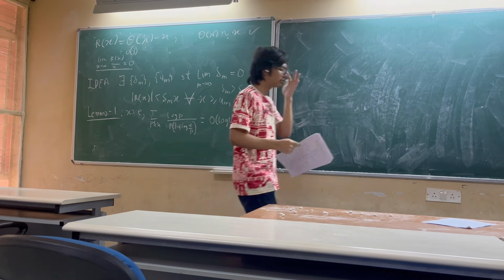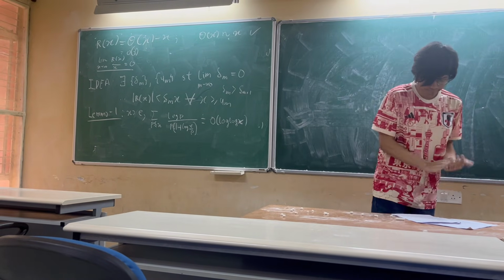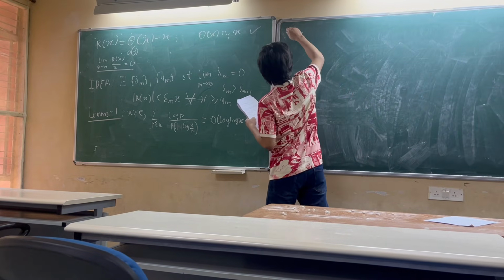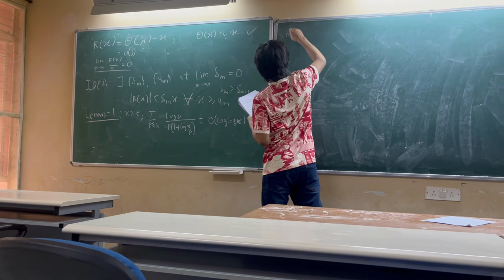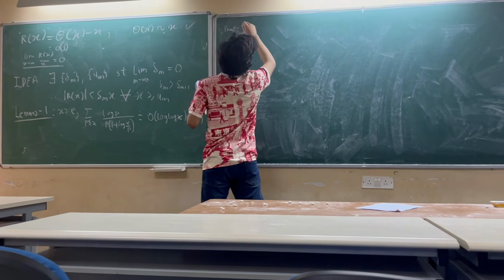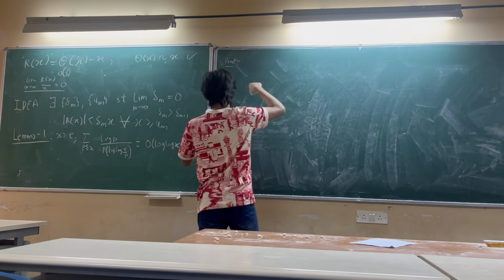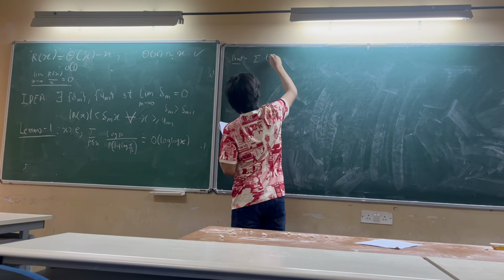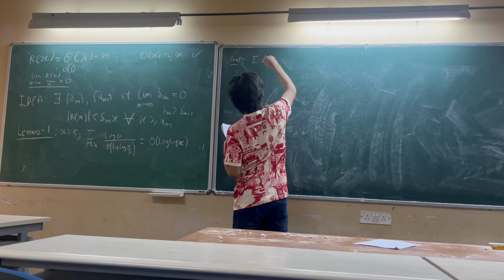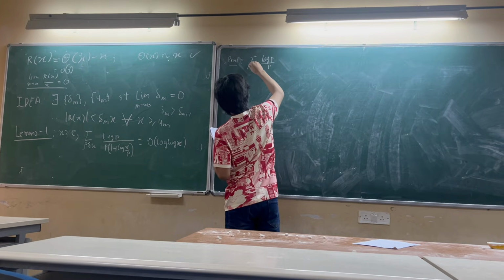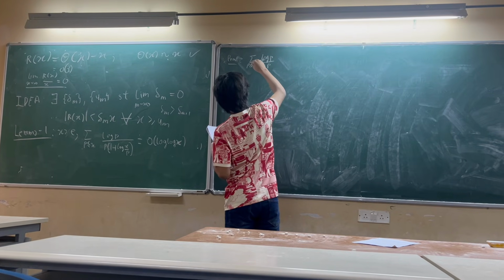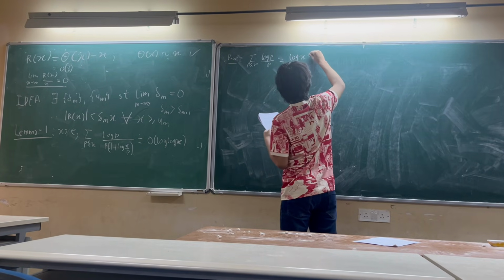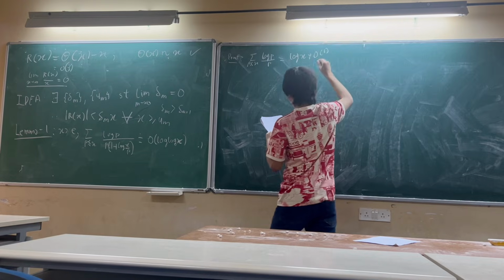Now this is a pretty straightforward proof. Proving lemma 1 is as follows. By Mertens' theorem, you know that the summation of log p by p is equal to log x plus something of the order of 1.